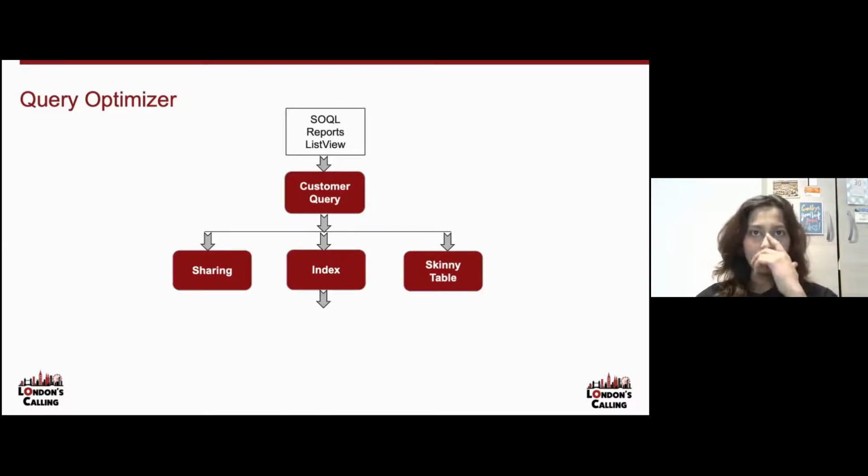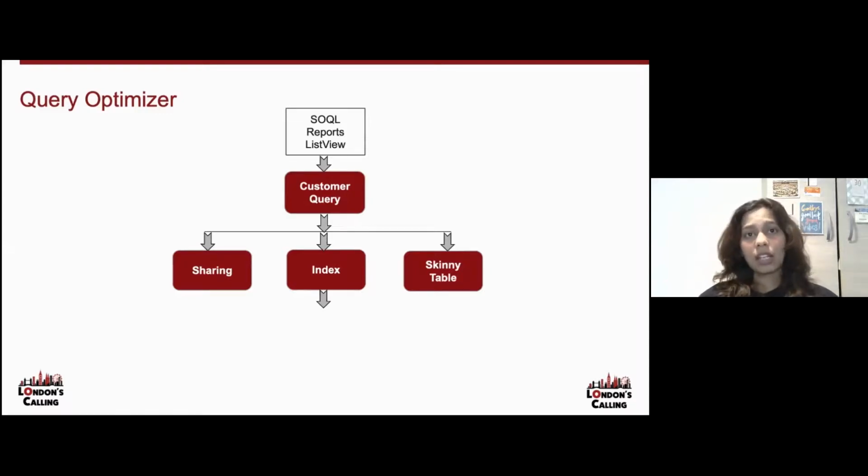So when a user does a query, it first looks at the OWD, whether it is public or private, then it goes through manual sharing, custom sharing, does all the calculations, and then says, okay, I've got this many records for this particular logged in user. Out of 10 million records, this user has access to maybe 20,000 records.